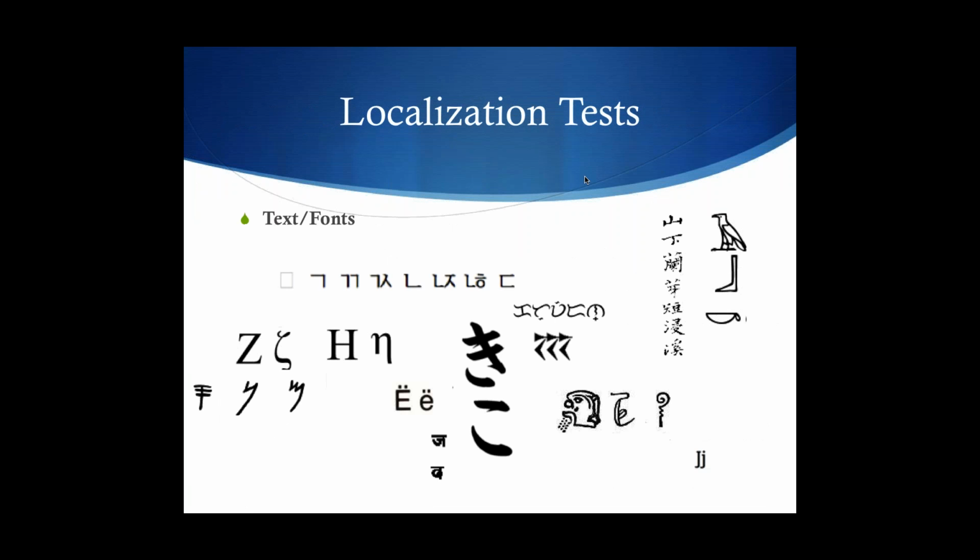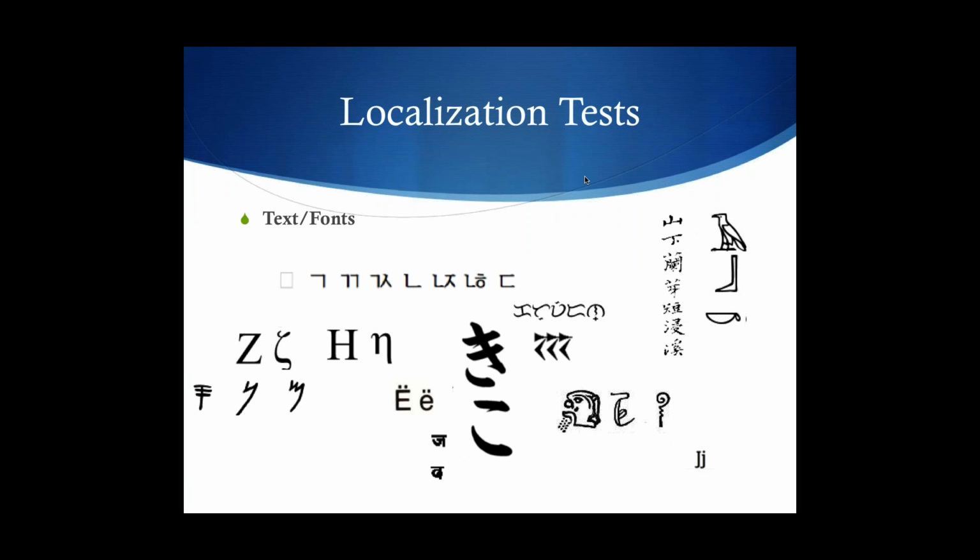And so what is localization test? Localization test is basically from the UI. I don't want to focus on the other 10 different test types for localization. This is specifically localization testing from the UI.